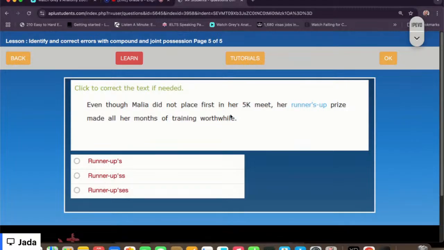Even though Malia did not place first in her 5K meet, her runner's-up prize made all the months of training worthwhile. First, second, or third?